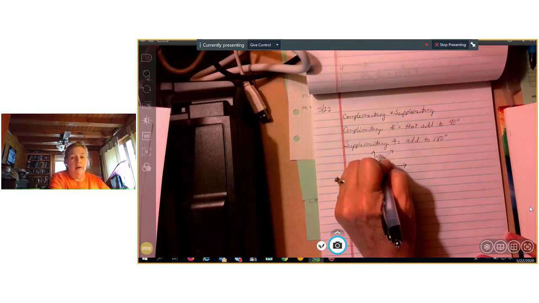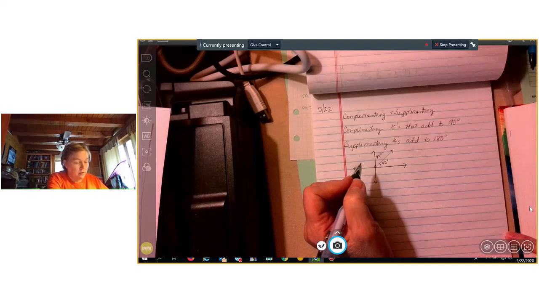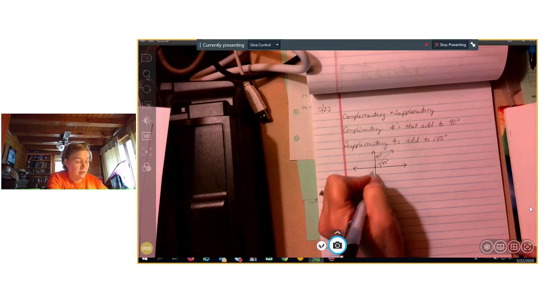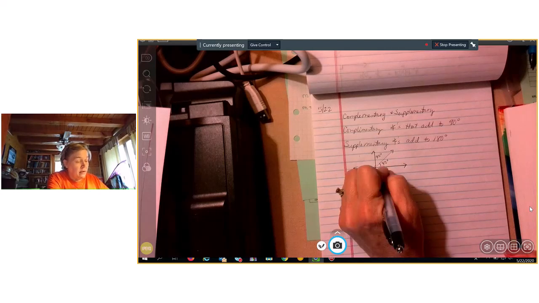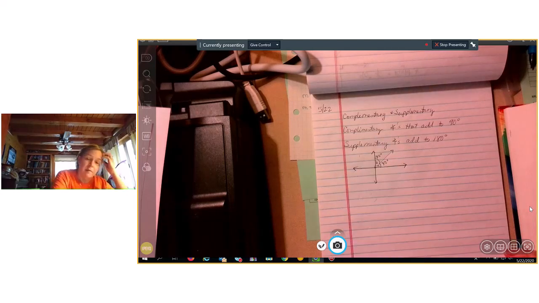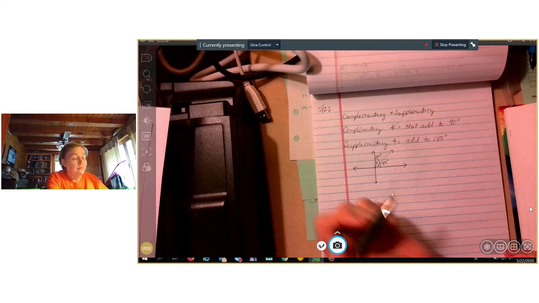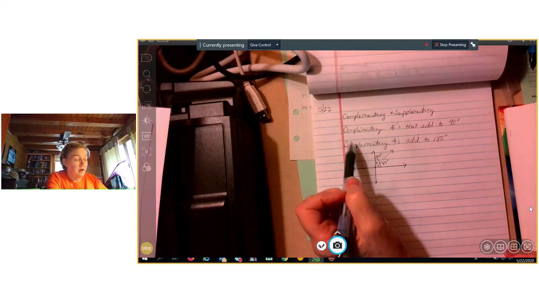And I know when I add the two 45 degrees together, I'm going to get 90 degrees. So angle A here and angle B are what we call complementary angles because they add up. Any angles that add up to 90 degrees are going to be complementary.